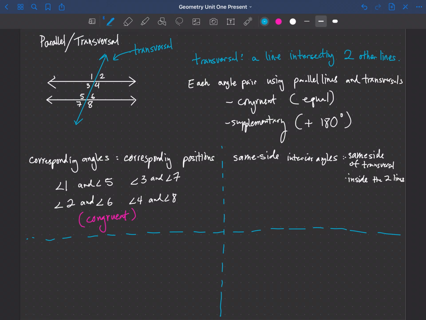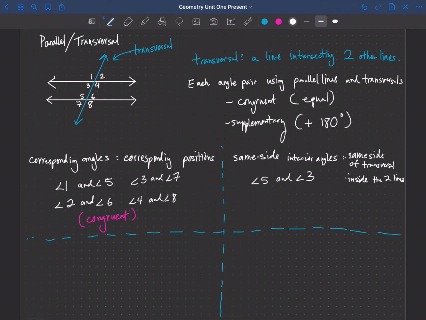So an example of same side interior angles would be 3 and 5 and 4 and 6. You can see that 3 and 5 are both on the left side of the transversal, they're on the same side, and they are between, or inside, the two lines. So angle 5 and angle 3.